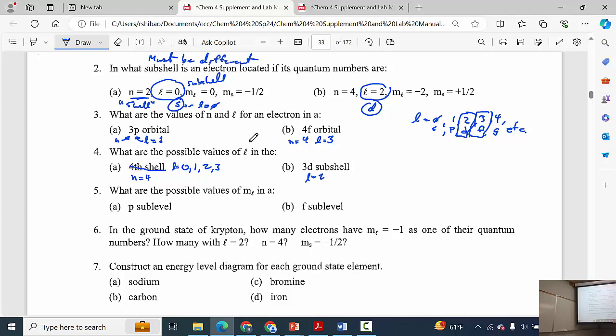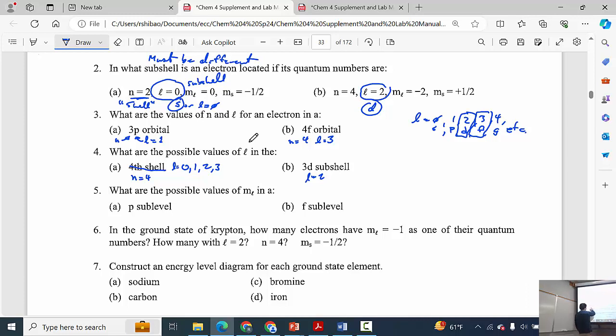Five, what are the possible values of m sub L? I dropped the little L here. m is a function of L, because m varies from minus L to plus L, and so it depends on what L is. But I just leave it as m.